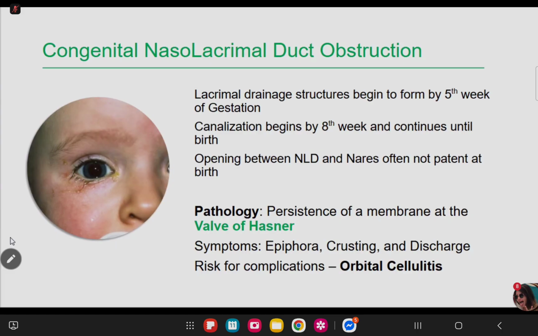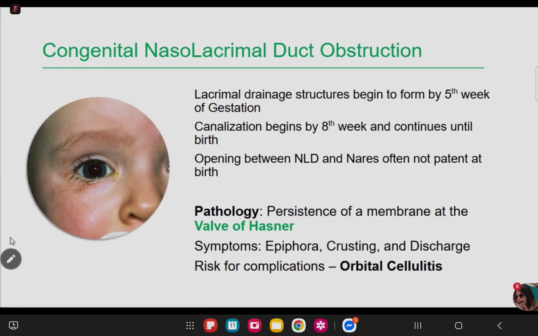If this condition is left untreated, it could potentially lead to orbital cellulitis, since it's a potential area for breeding of microorganisms.